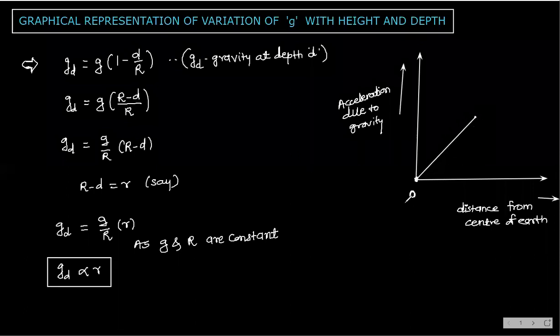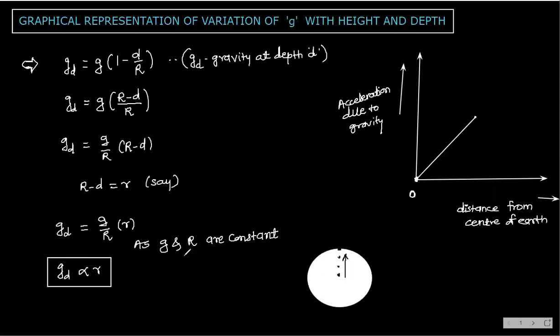For example, suppose this is the earth and this is the center of the earth. You are here, and then you are here. As you are going up from the center, your gravity value will increase or not?